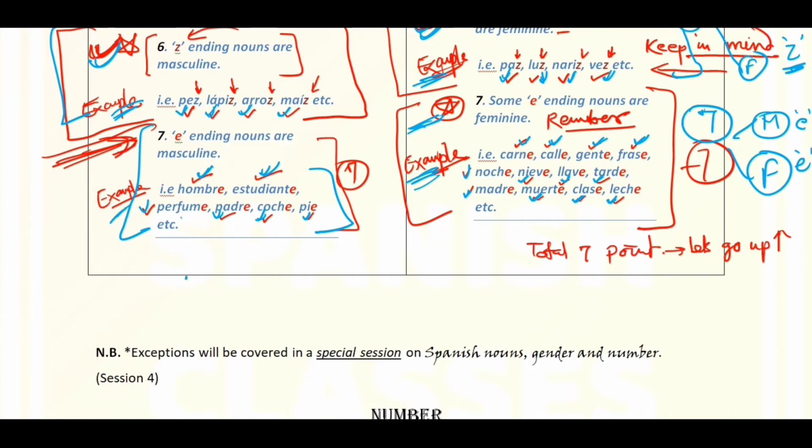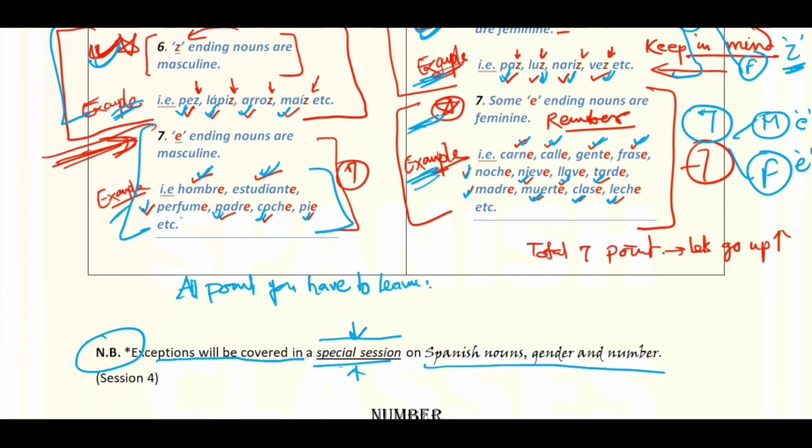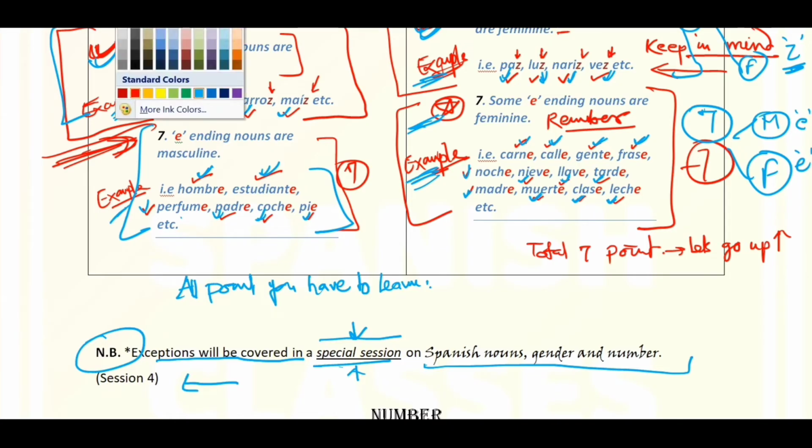Whatever we have studied till now is not all. We have to know many things. You have to revise every point with examples several times because it needs your attention, practice, revision, everything. So you have to go through all the points. And we have made other special sessions under this topic, special nouns, gender and number.